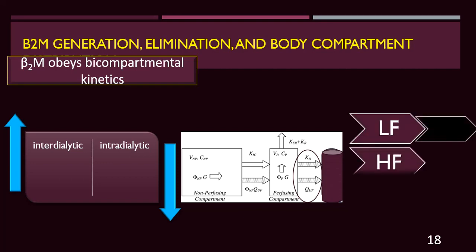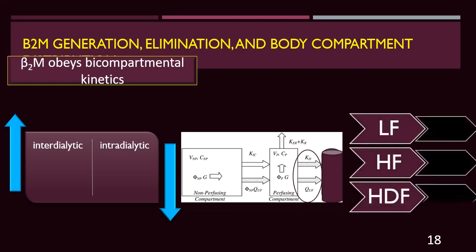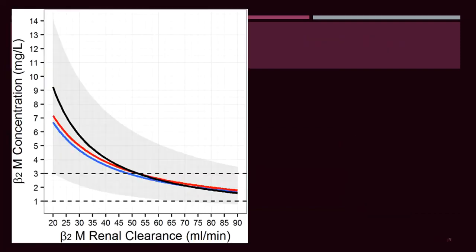Low flux, high flux, HDF. The most important is the HDF because it removes much more as it increases the ultrafiltration. So patients on substitution of 20 liters and above have higher clearance of beta-2 microglobulin from dialysis, while dialyzers with more beta-2 microglobulin clearance in superflux can remove too much of beta-2 microglobulin as well.